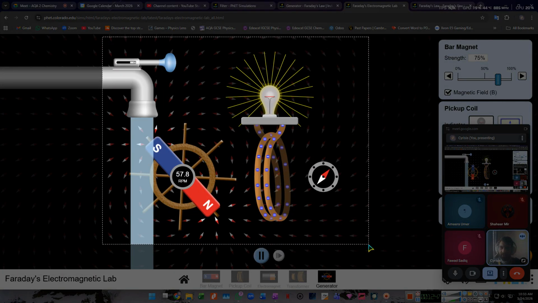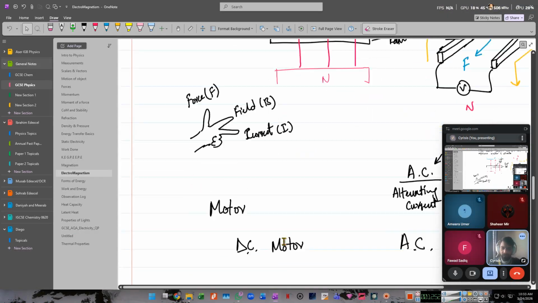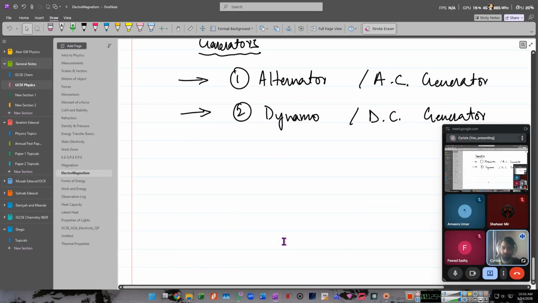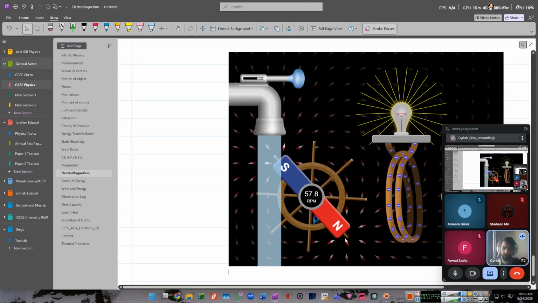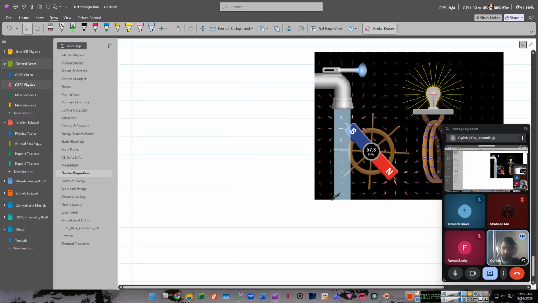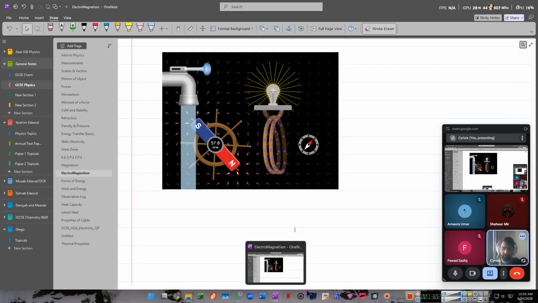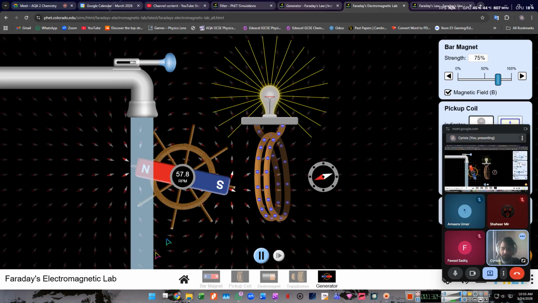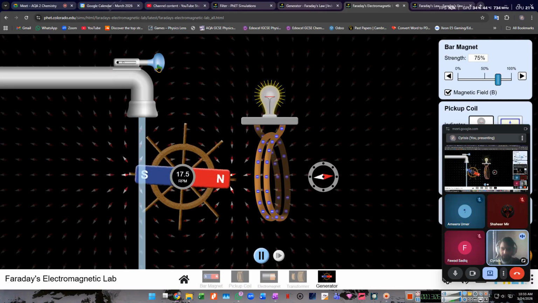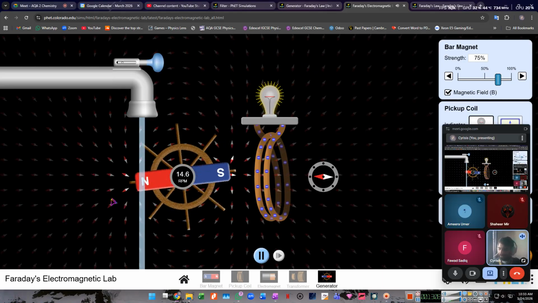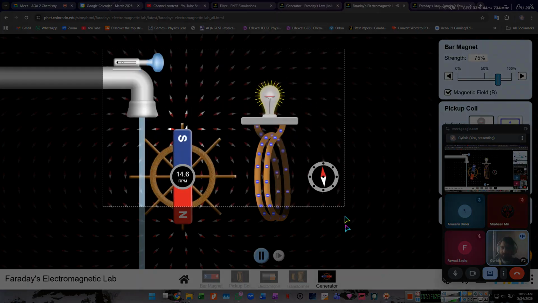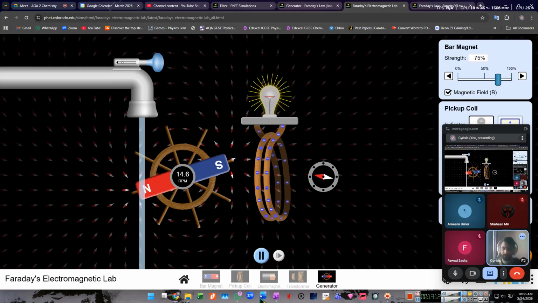So let me just take this and put it in the notebook as an example. This is an alternator, by the way. Why the alternator? Because you can see that the field is changing. And if I reduce the speed over here, by reducing the amount of water that is flowing, you see that lesser voltages are being produced, okay?